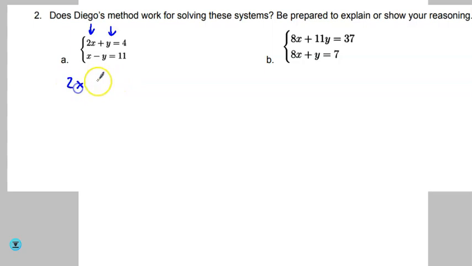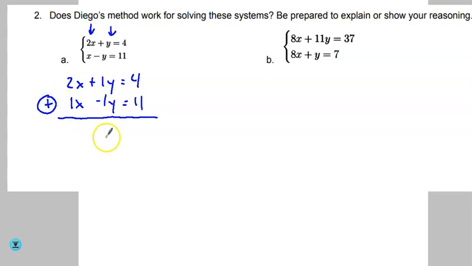So 2x plus 1y equals 4, and 1x minus 1y equals 11. If I add those two equations together, 2x plus 1x is 3x, 1 and negative 1 add together to 0. Those eliminate. 4 and 11 is 15.